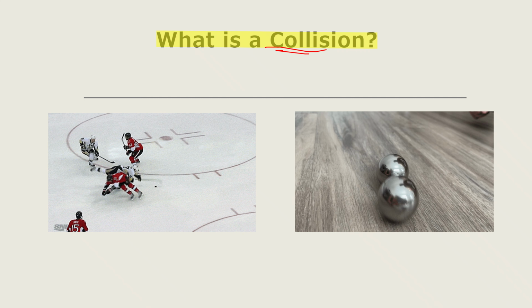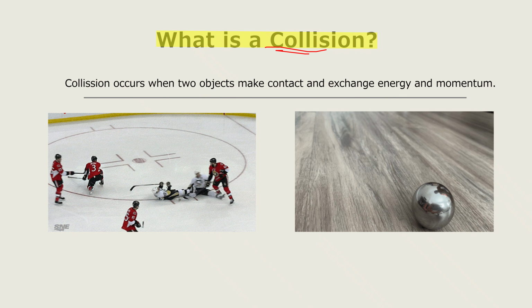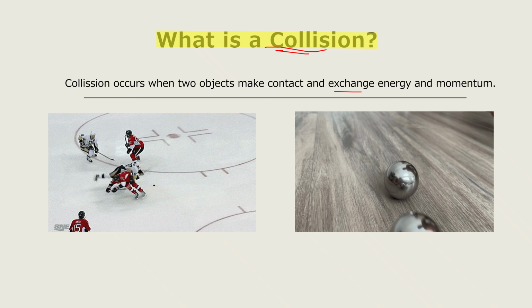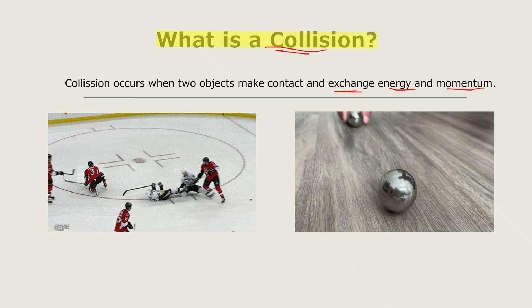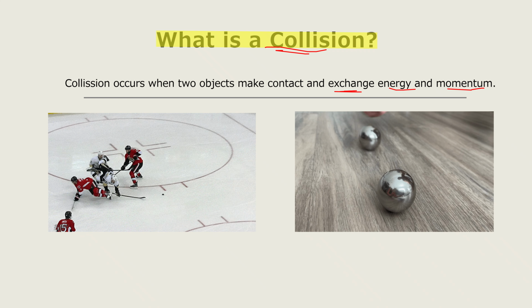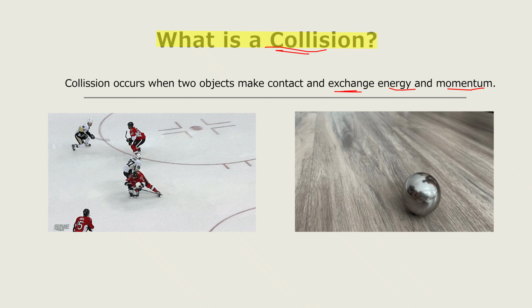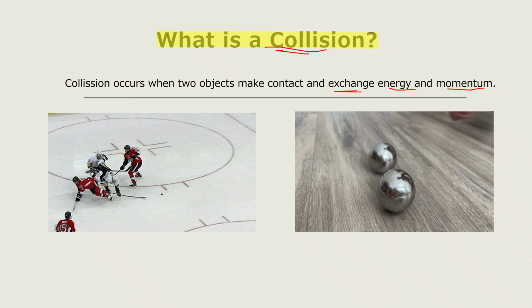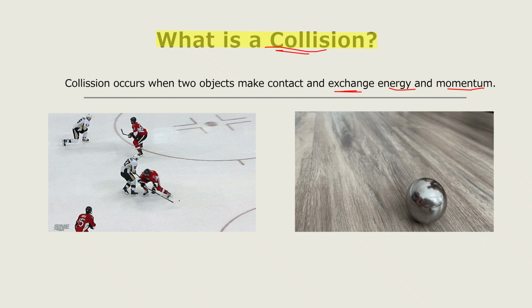A collision happens when two objects hit each other and they exchange energy and momentum. But depending on what happens to their energy after the collision, we can classify them as elastic or inelastic.